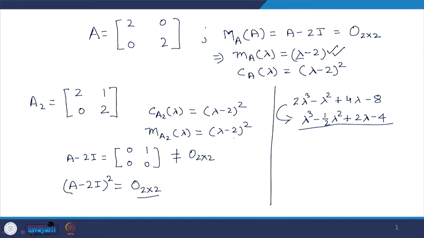So here lambda minus 2 square is the monic polynomial which has the least degree and annihilates the matrix A. Hence, the minimal polynomial is lambda minus 2 whole square. I hope with these two examples the concept or definition of minimal polynomial is clear to all of you.